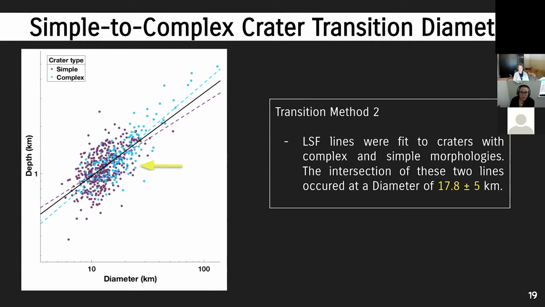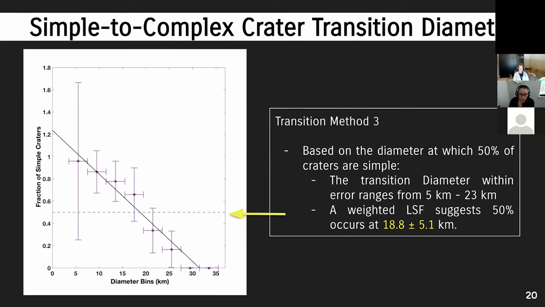The third method uses a plot that relates the diameter in bins of 4 kilometers versus the fraction of simple craters. The vertical error bars that we see here are from counting statistics, while the horizontal error bars are from the bins.